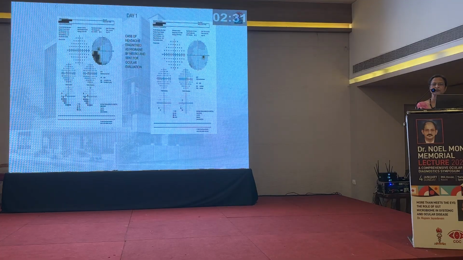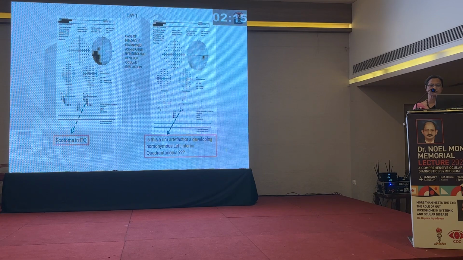He was a myope. His best corrected visual acuity was normal. On doing the fields, we found this scotoma in the inferior temporal quadrant in the left eye. And on looking at the right eye, there was a small question. Is this what we are seeing in the right eye fields?